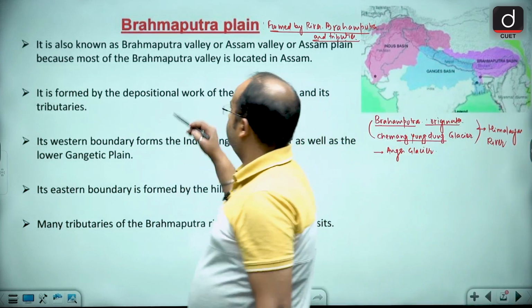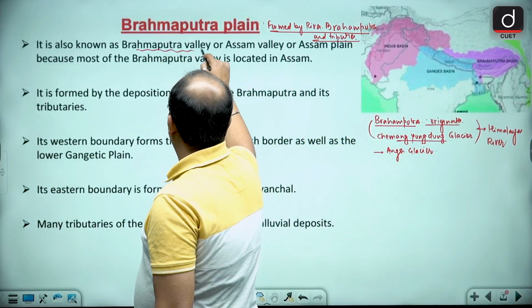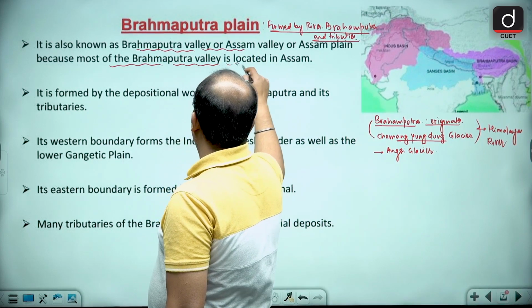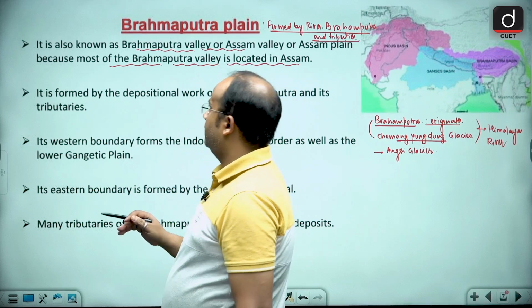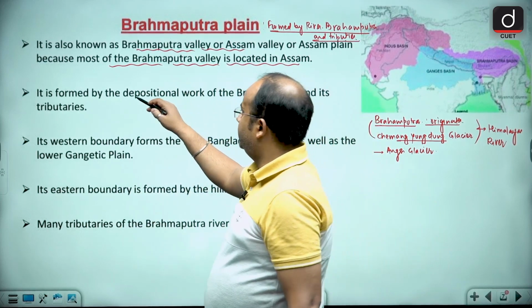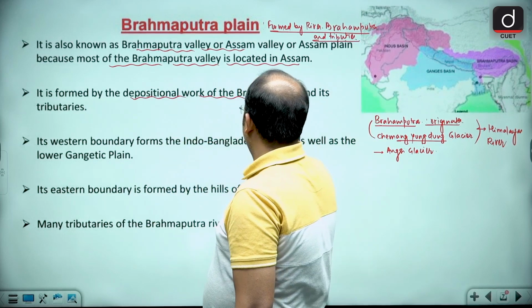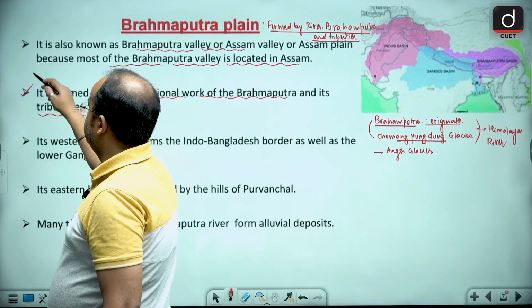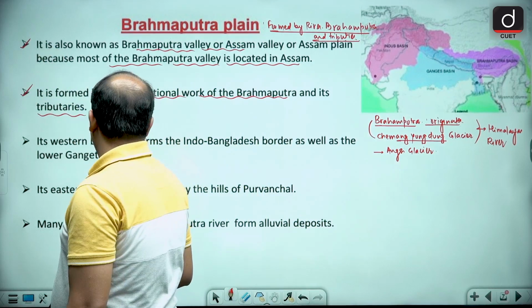So guys, this Brahmaputra valley is also known as Assam valley or Assam plain because most of the Brahmaputra valley is located in Assam. It is formed by the depositional work of the river Brahmaputra and its tributaries.